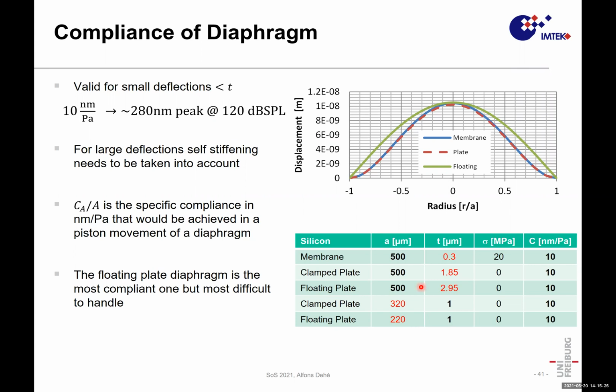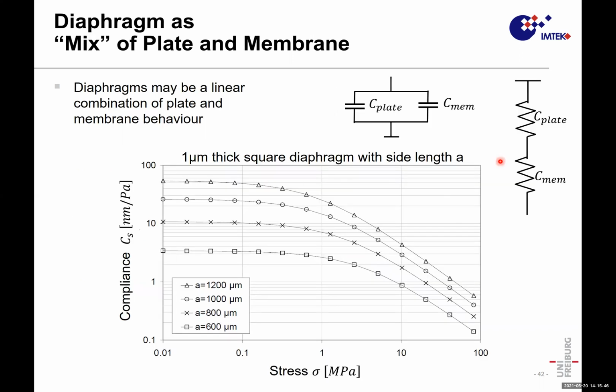Of course, if you reduce the area of the transducer, we lose electrical sensitivity because the capacitance is getting smaller. So it is not so simple, but just part of the discussion and optimization. Yes, and this is a realistic situation of a diaphragm.